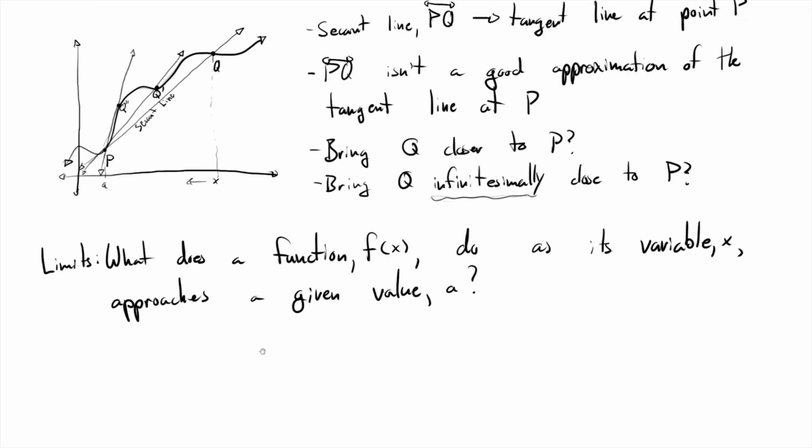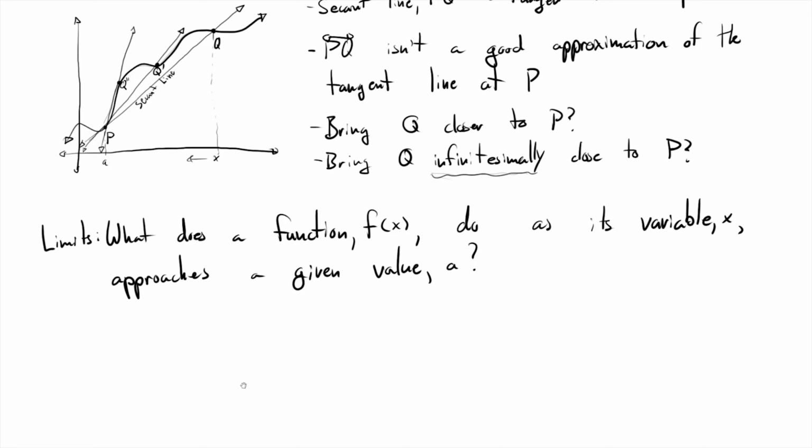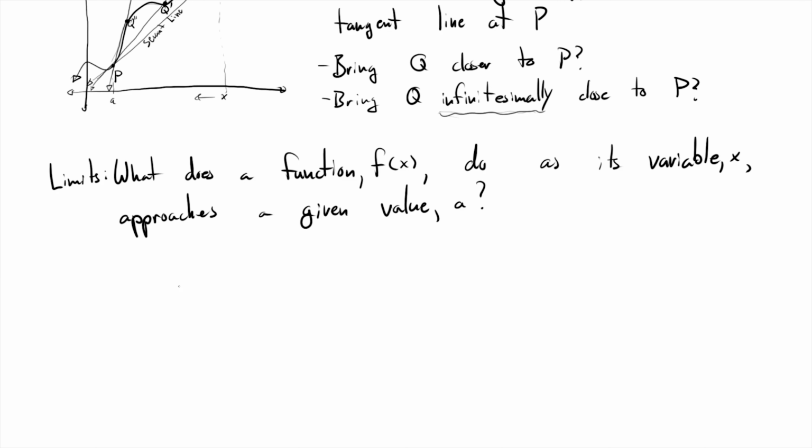The way that we are going to be writing limits is going to be like this. We're literally going to write lim, L-I-M, which is just short form for limit. Then we're going to write our function f of x, and underneath lim we are going to write x arrow a.